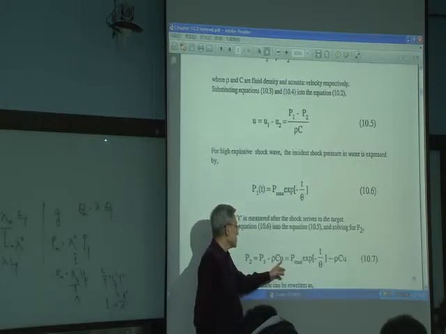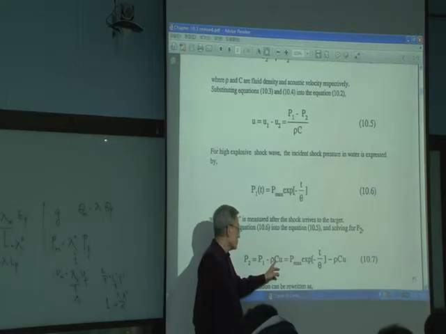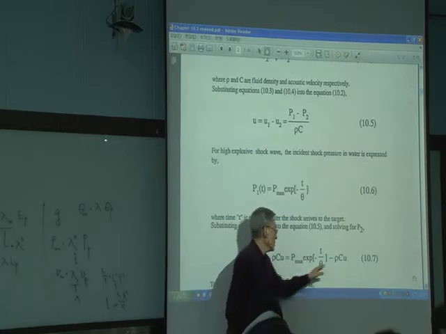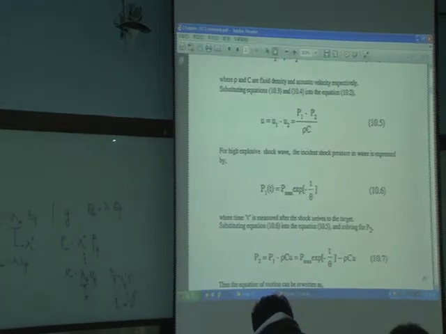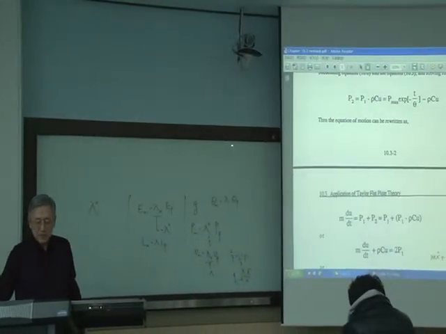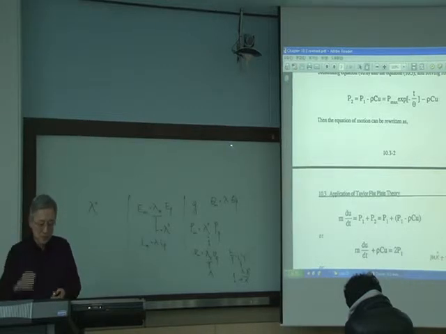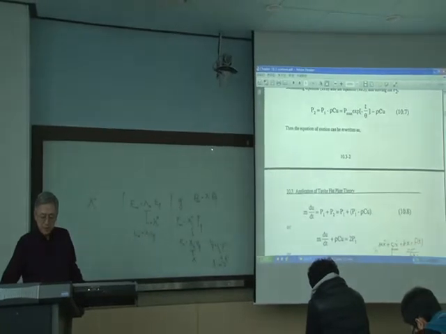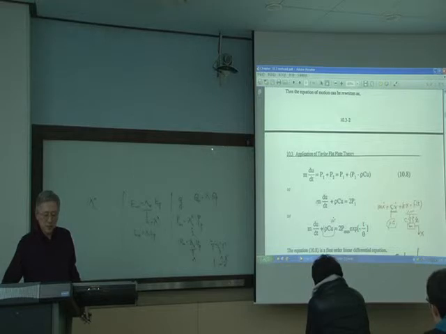Rho is known, C is known, U is unknown. So you can re-express it just like that. Then rewrite these equations of motion, Newton's second law, and finally you have that equation set.